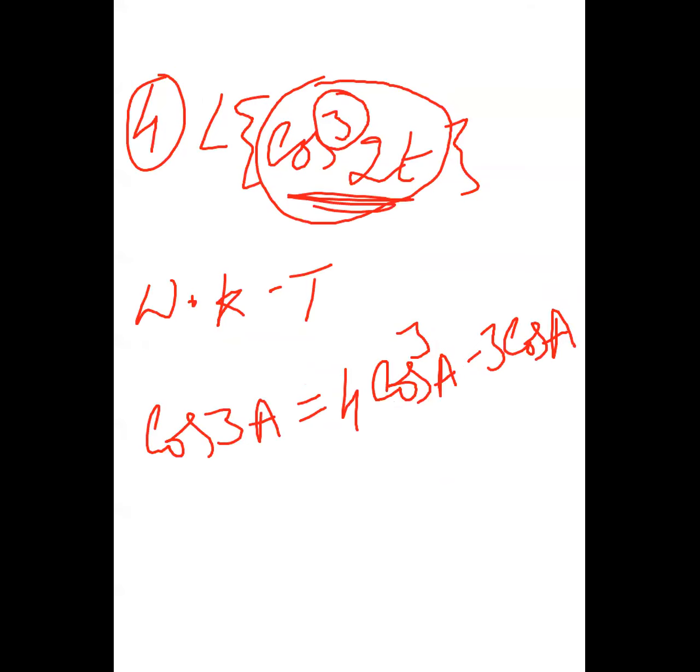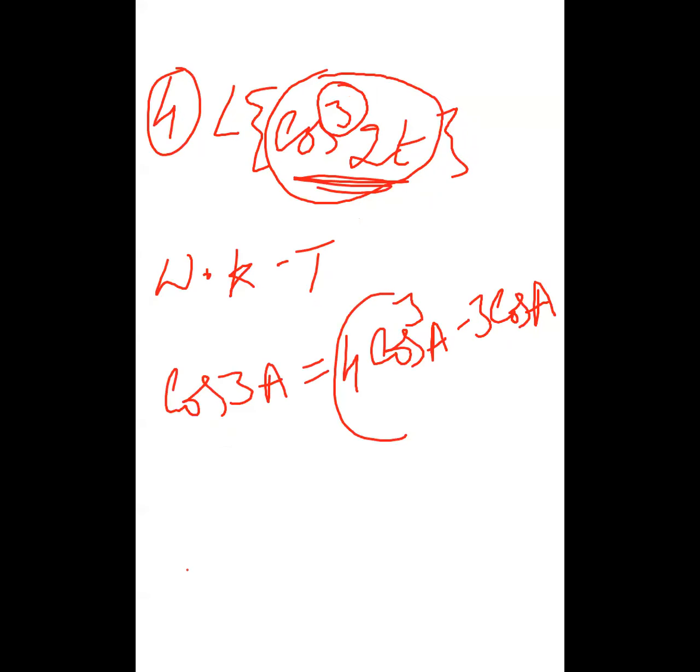I need that 4 cos cube a term. So 4 cos cube a equals, adding 3 cos a on both sides. On the right hand side, minus 3 cos a plus 3 cos a cancel. On the left hand side, cos 3a plus 3 cos a.